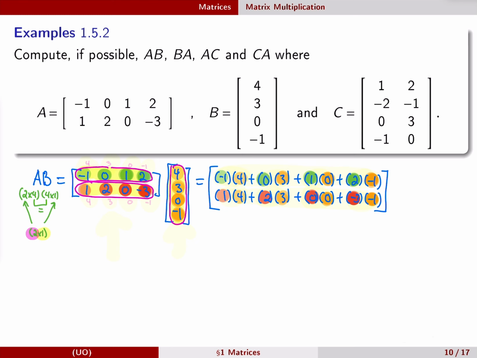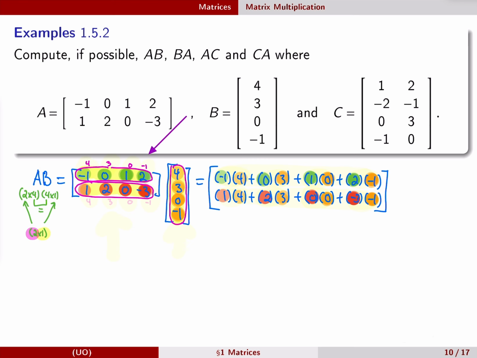And how do you get the actual computation? I like to think about the column that I have in my matrix B, and I take this column and lay it down on every row. I like to rewrite those numbers on top: that column falls down, 4, 3, 0, minus 1.